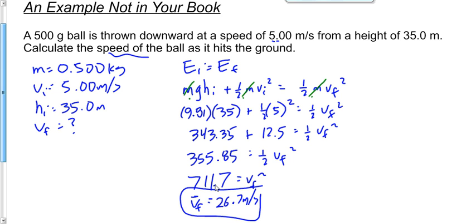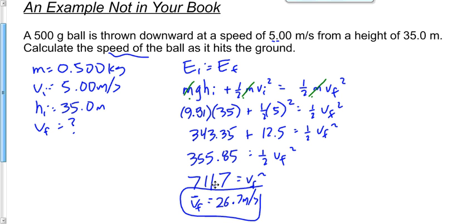Anybody have another way that we could have solved this problem? A second way, not a better way, not a worse way, just a different way. Think back to your group B equations for a second. What would be the most obvious one to solve this question with?